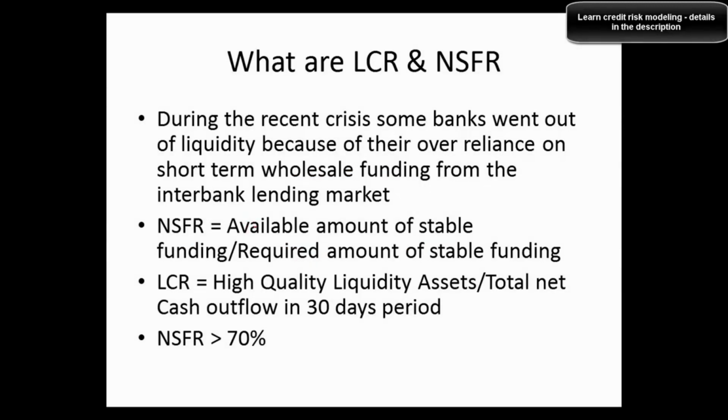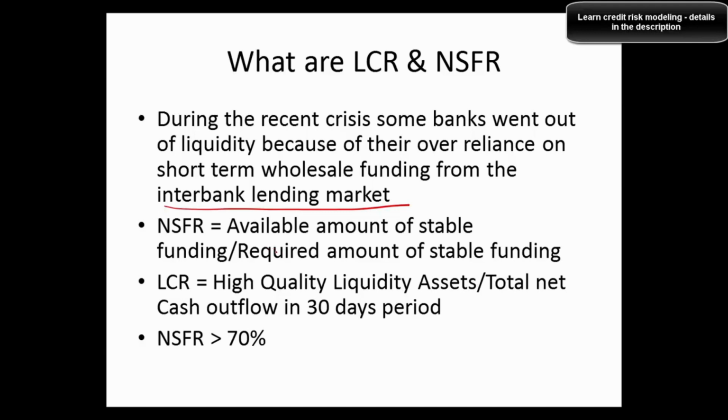What are LCR and NSFR? We have already discussed them in brief, now slightly more in detail. During the recent financial crisis, banks went out of liquidity because of their over-reliance on short-term wholesale funding from the interbank lending market, and that's the reason why in Basel III, regulators wanted these two ratios to be reported to them.